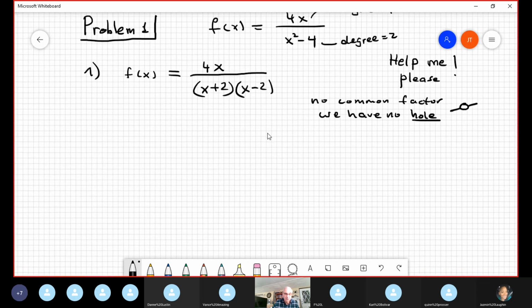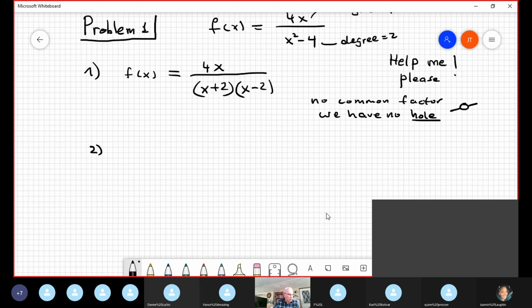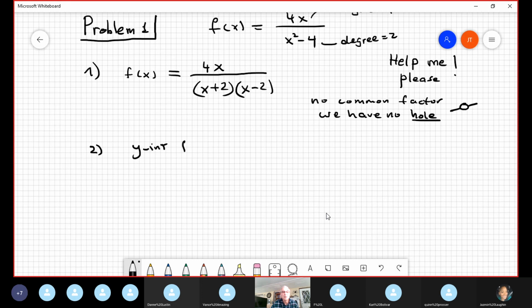Okay. What is step 2? Tell me, I need help. Come on, following the guideline. Exactly, evaluate at 0. Evaluating at 0 gives 4 times 0 divided by 0 squared minus 4. 0 times 4 is 0, divided by negative 4 is 0.